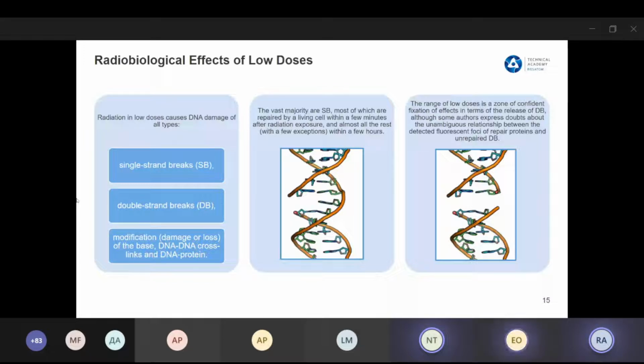Among the general pool of double-strand breaks, various classes are distinguished, differing in their ability to repair. As a result, a hypothesis appeared according to which it is damage clusters, complex damage, that are responsible for the lethal and mutagenic, carcinogenic effects of ionizing radiation.